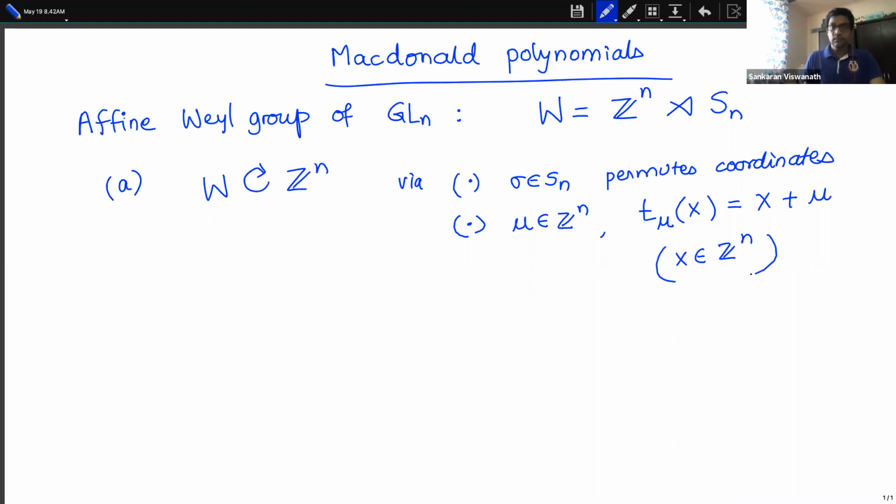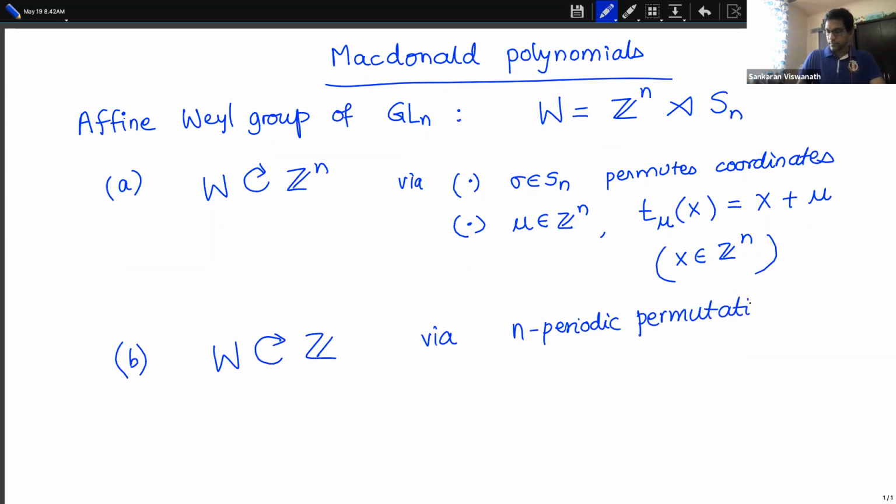But the other action, which is what Raghavan talked about last time, is an action on Z itself. And this action is via what was called n-periodic permutations. The definition of the action is as follows.